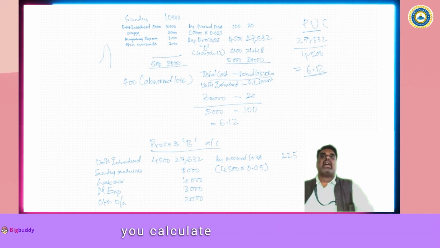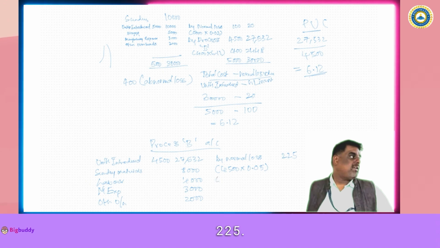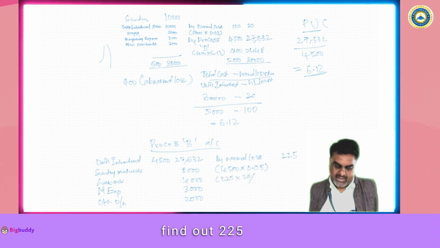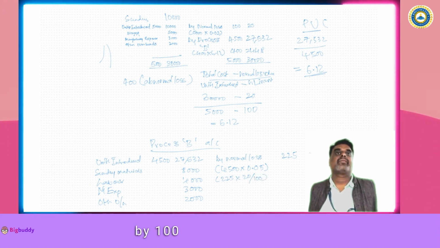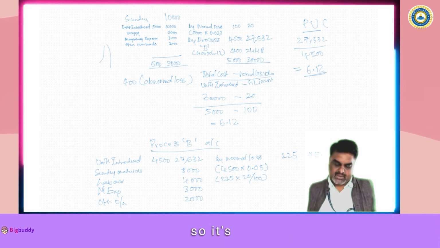Now, how do you calculate the value for this? Find out 225 into 20 by 100. You'll get how much? So it's 45 rupees.